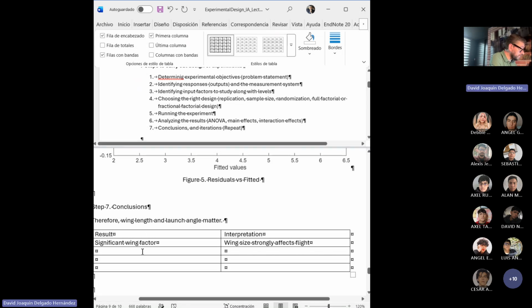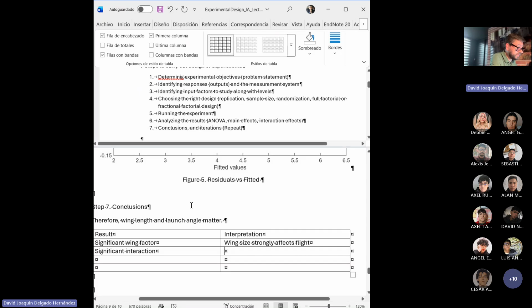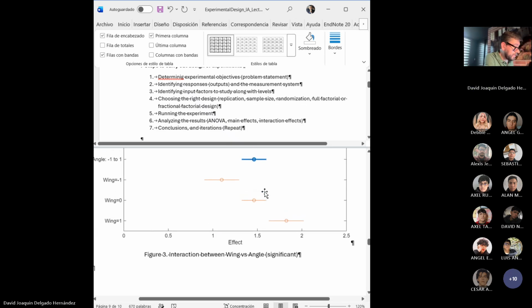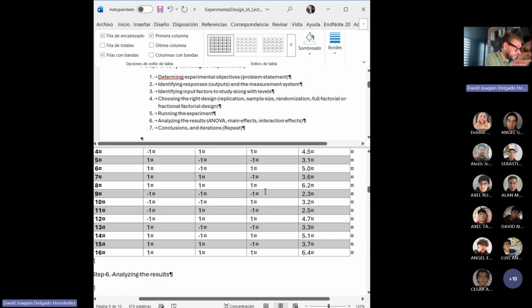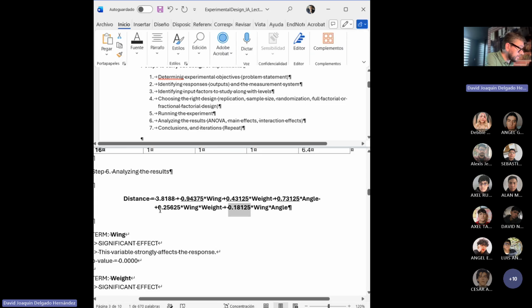The second point is the significant interaction. In this case, the interaction has to do with, let us go back, wing and angle, okay? You can see in the model, you have this interaction and this interaction.